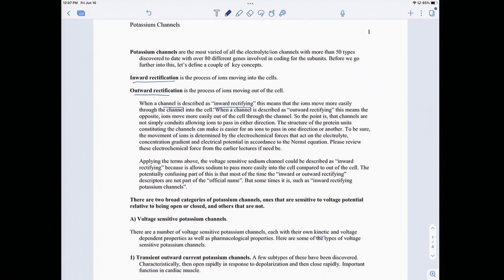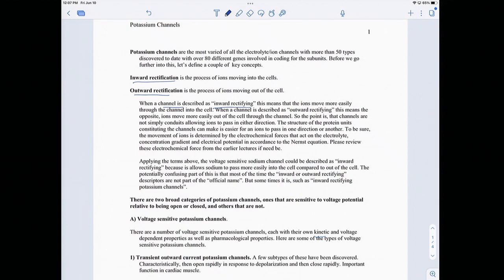So we're going to be talking about potassium. As you know, potassium, like any other ion, can flow in or out of the cell depending upon the forces acting upon the potassium. But there are some pores or some channels where potassium has an easier time going in one direction versus the other direction. And it has to do, again, with the characteristics of the pore itself.